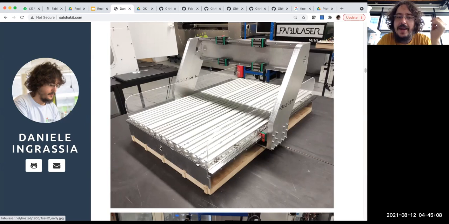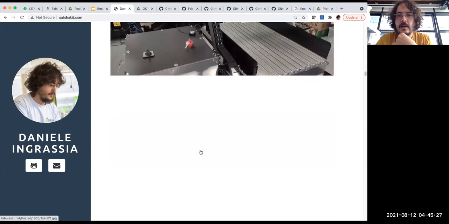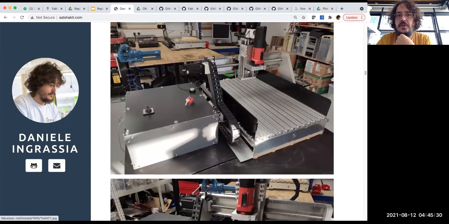All these holes have been tapped by hand, and guys, there are quite a lot of holes for all these things. The drilling has also been done by hand using a laser cutting mask. Because how do you put this thing on the CNC and take again a perfect zero with this plate that maybe is not so straight, to make these holes? And here is a picture of the finished machine.